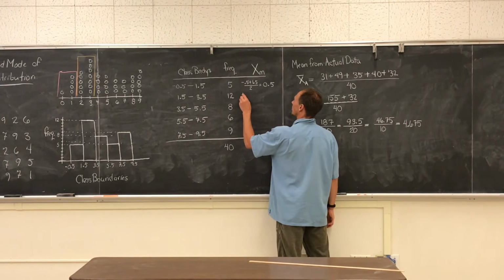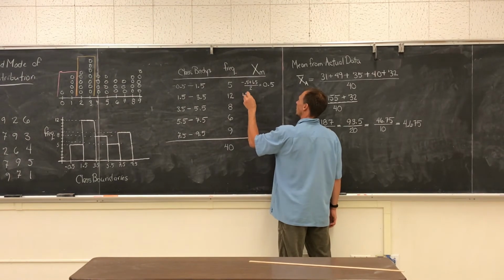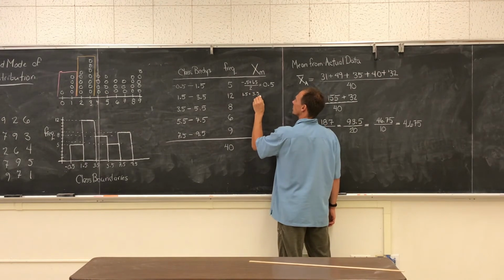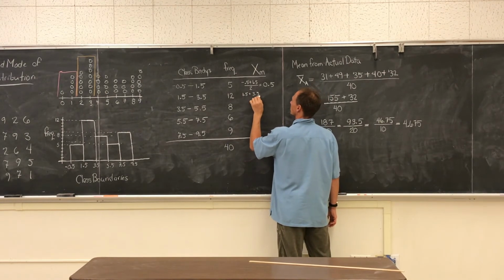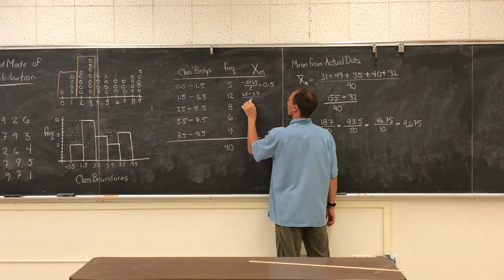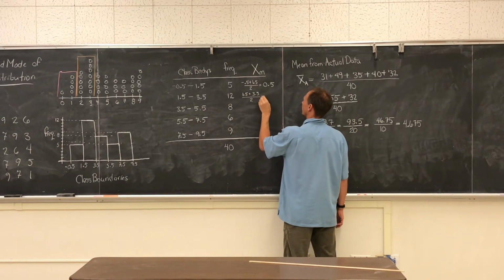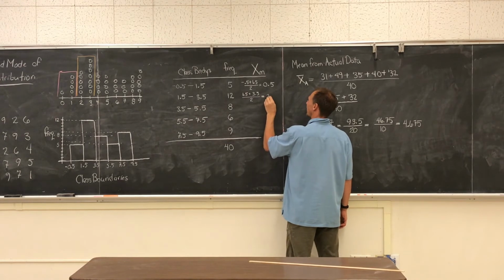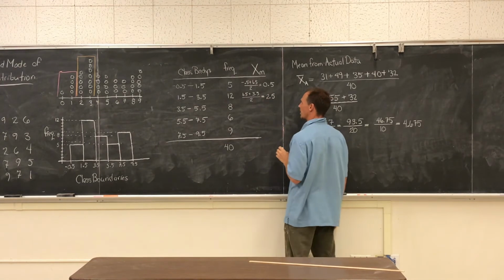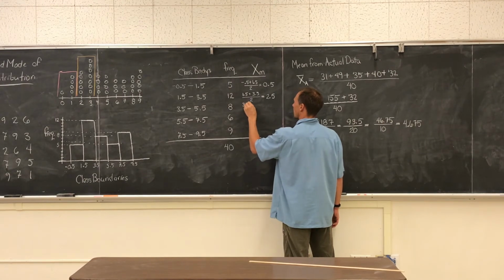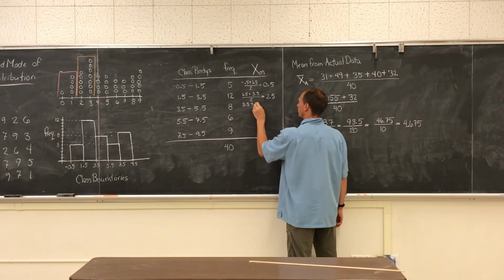If we take 1.5 and we add 3.5, we divide that by 2, that's going to be 4 plus 1 more is 5. Half of 5 is 2.5. Let's do one more. 3.5 plus the 5.5.